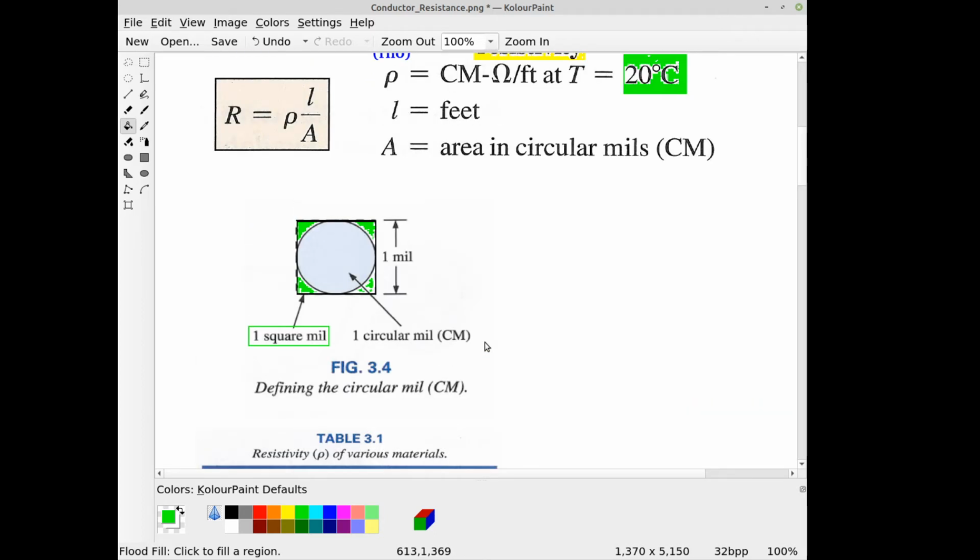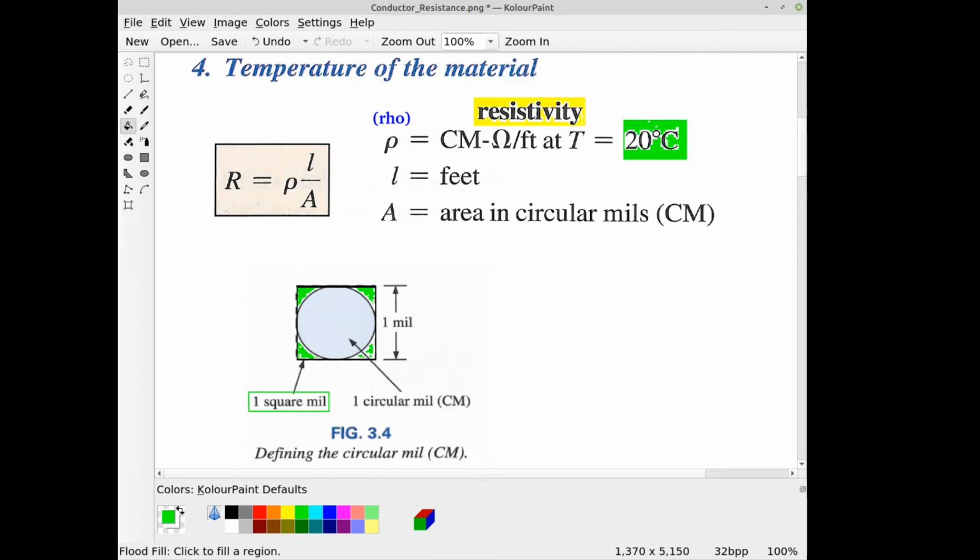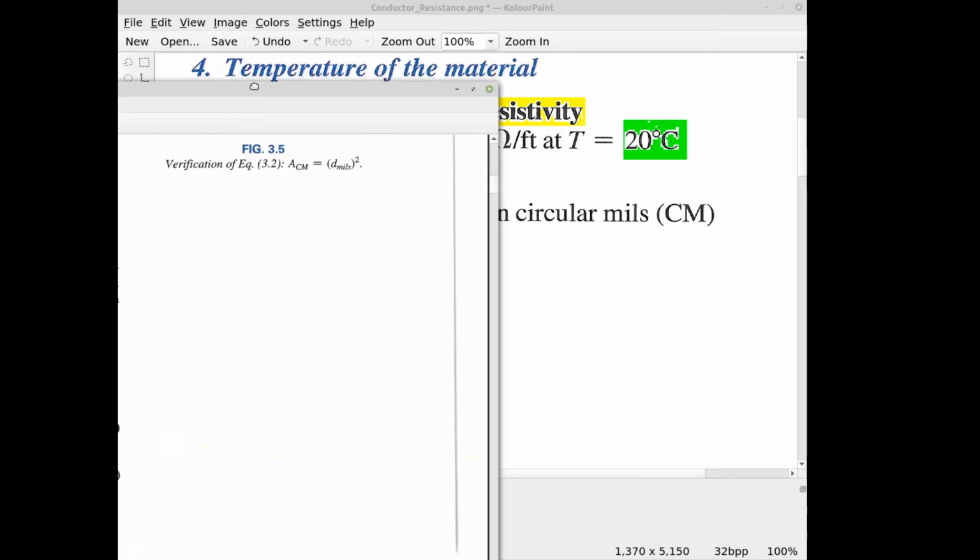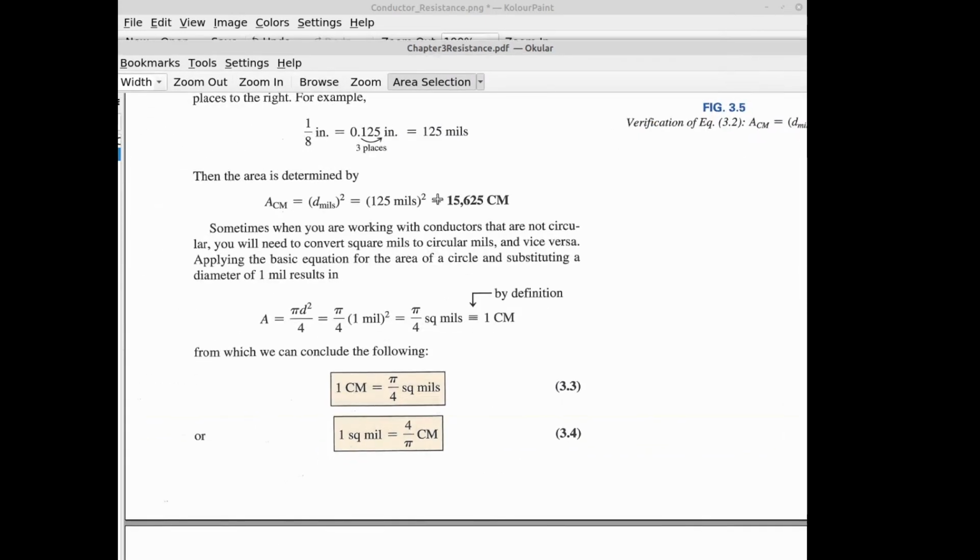If we look at the equation for a square mil, we see that 1 circular mil is equal to pi divided by 4 square mils.